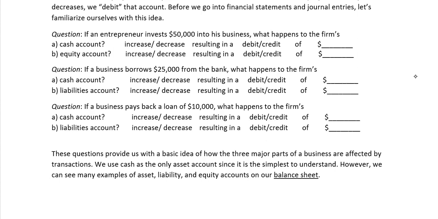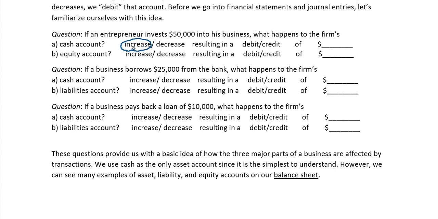Okay, the first question is asking, if an entrepreneur invests $50,000 into a business, what happens to the firm's cash account? So this is a little bit of a review from last chapter, and the answer is pretty straightforward. When you add cash to a business, the cash account increases.